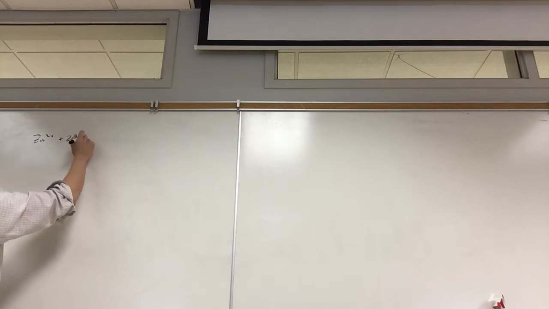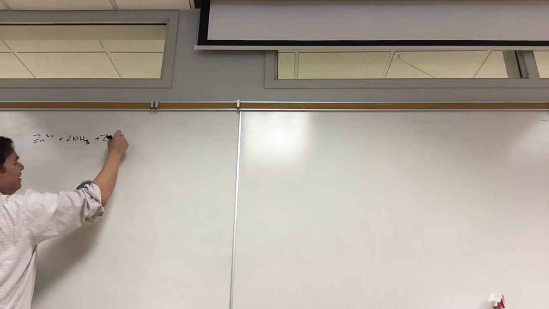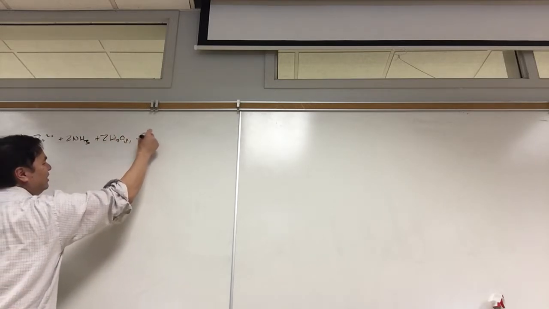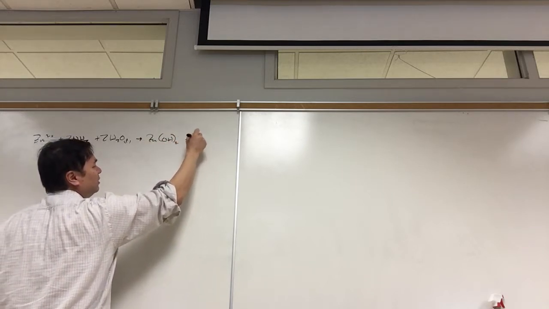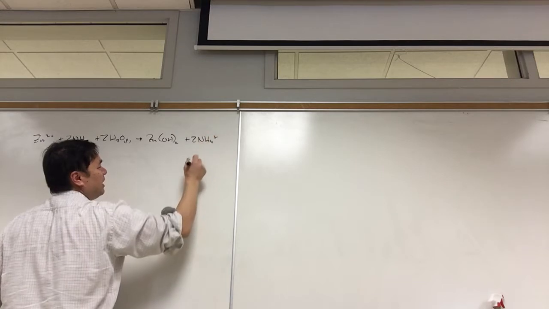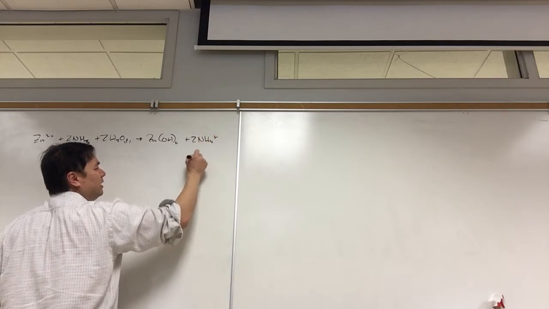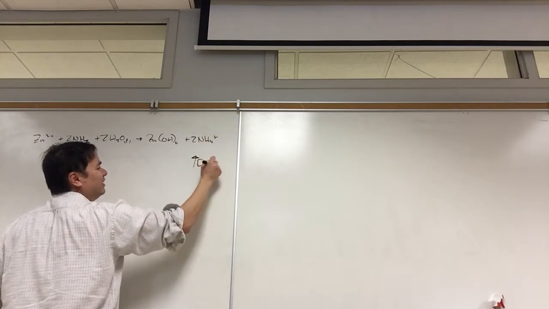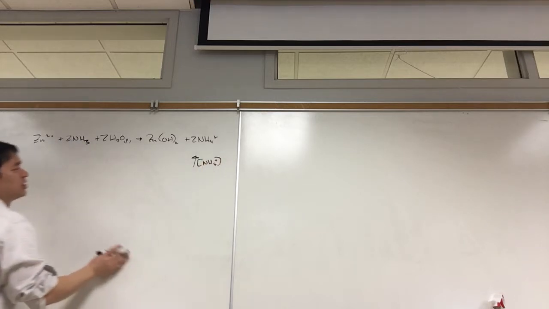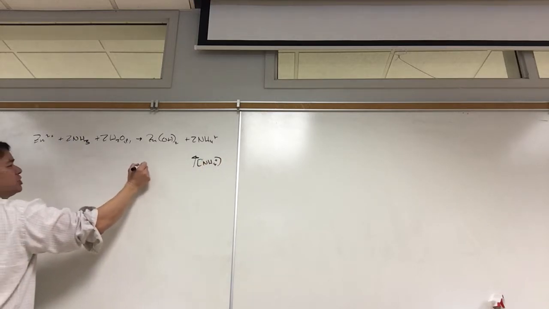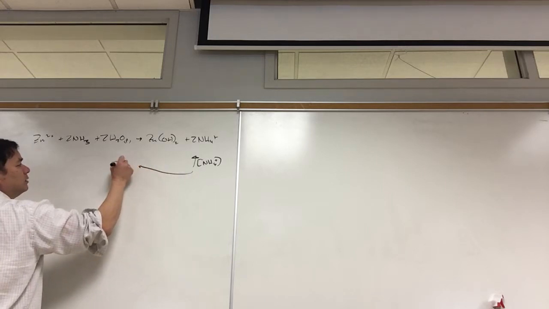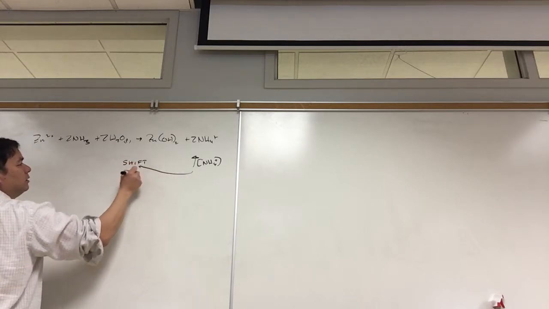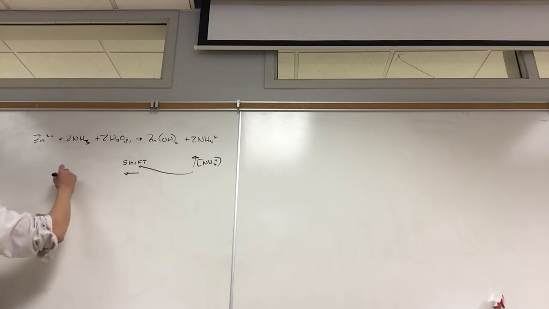2NH3 plus 2H2O yields Zn(OH)2 plus 2NH4+. So we've got to control the pH. And so this is what we're going to do. We're going to increase the ammonium concentration, which is going to shift this left and then prevent precipitation.